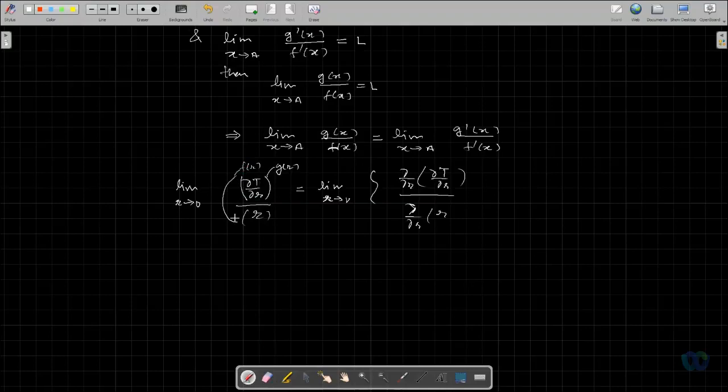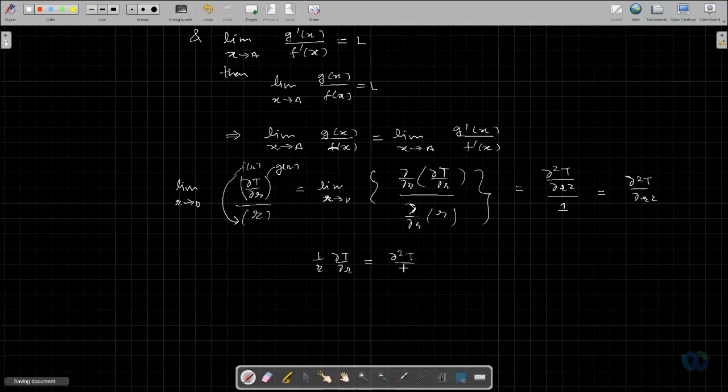So this is f of r. So del r gives you del 2t del r2, and this is 1. So finally this lands up to del 2t del r2. Okay, so 1 by r del t del r is equivalent to del 2t del r2.